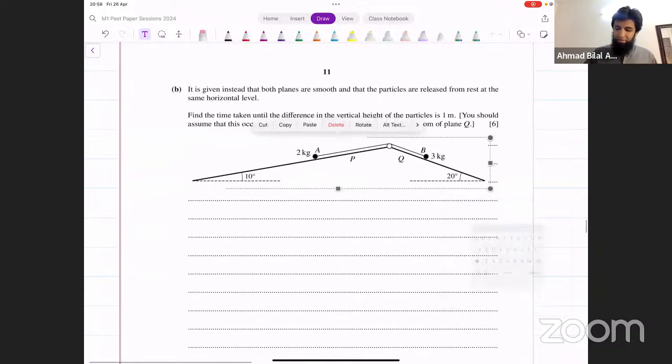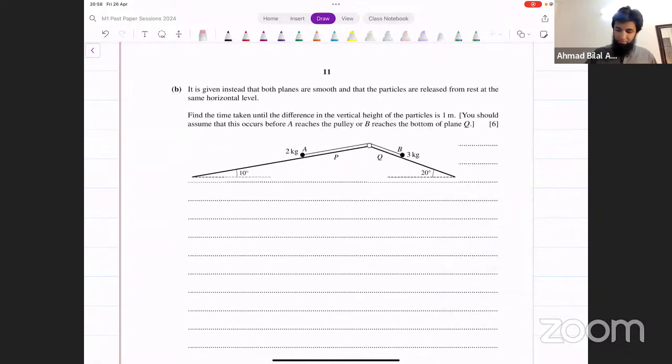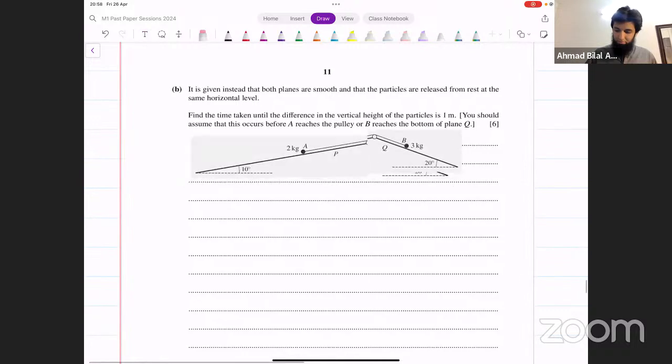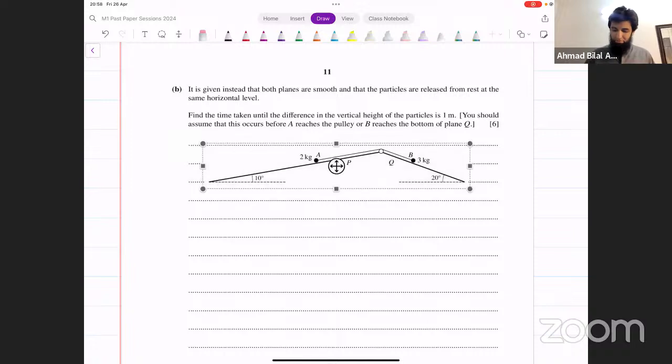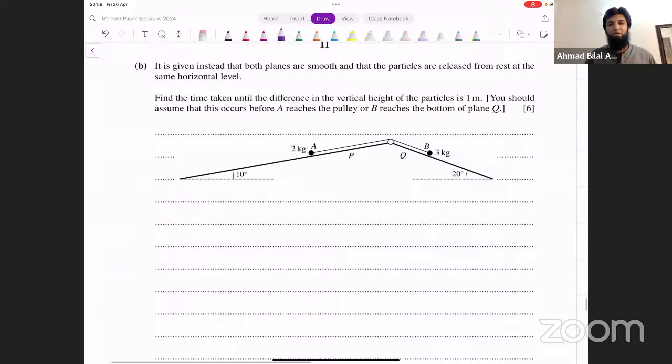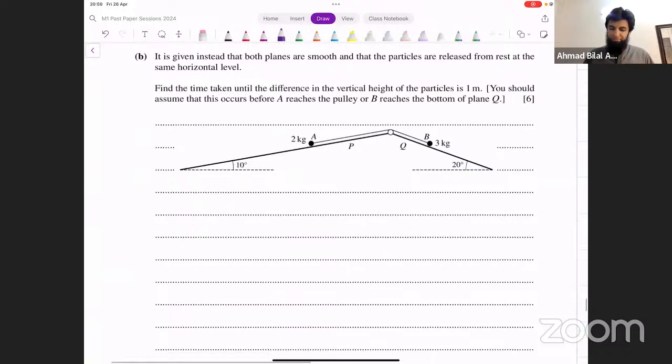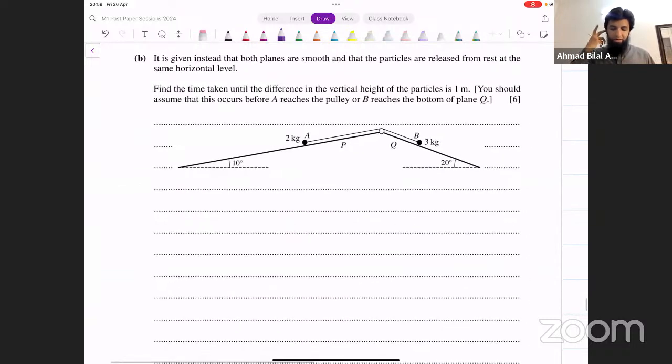Okay, so this is the diagram that we're given. Both the surfaces are smooth now. That means there's no friction on any of the two surfaces. And the particles are released from rest at the same horizontal level. This level is the same. Find the time taken until the difference in the vertical height of the particles is 1 meter.